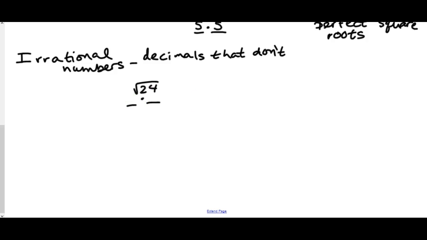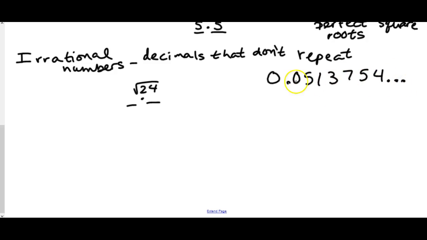So decimals that do not repeat. So they could just list out the decimal itself. Clearly that does not repeat. There is a 5 that repeats, but it'd have to have a 1 after to be a pattern that repeats. So decimals that don't repeat.